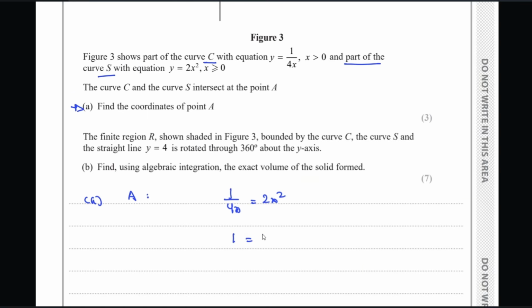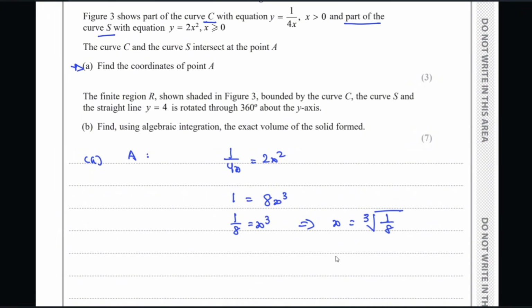So 1 is equal to 4 times 2 is 8, x cubed. We can move 8 to the left-hand side. So 1 over 8 is equal to x cubed. And then we can see that x is equal to cube root of 1 over 8. And when we cube root 1, we just get 1. When we cube root 8, we get 2. So x equals half is where point A lies.